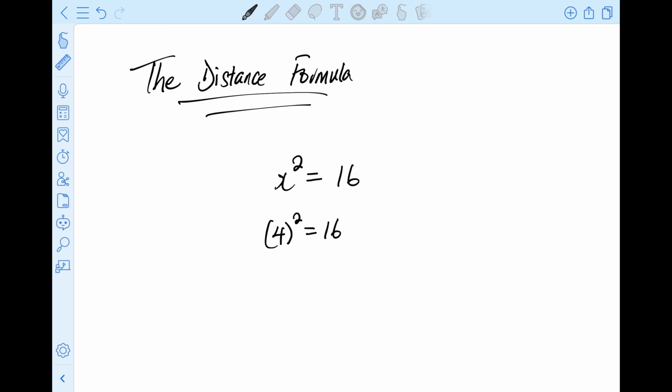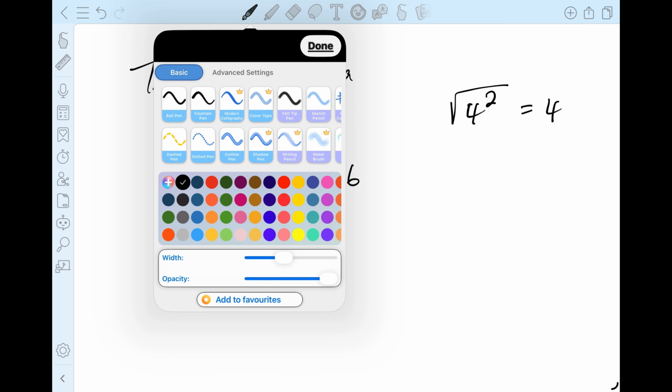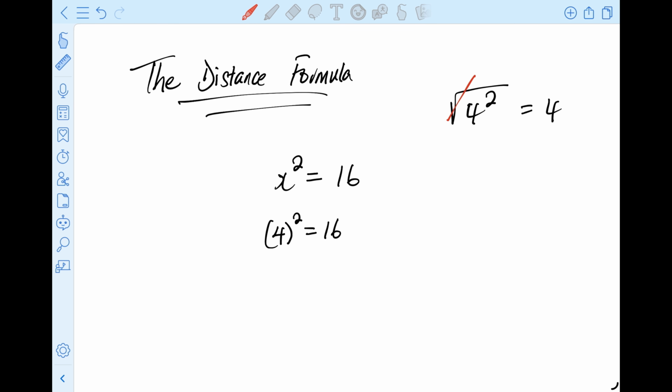Well, as I told you guys yesterday, let me use a number. The square root of 4 squared is equal to 4, because the opposite of a square root is a square and vice versa. They cancel each other out.